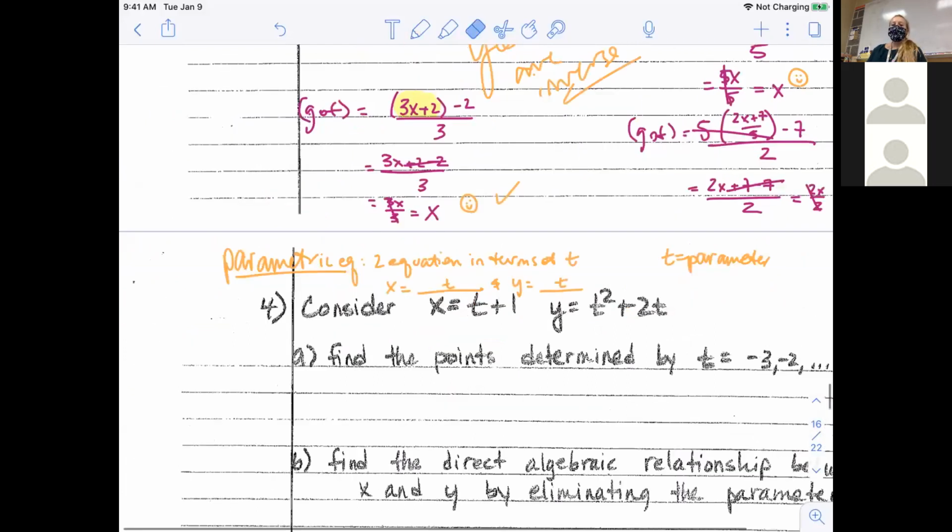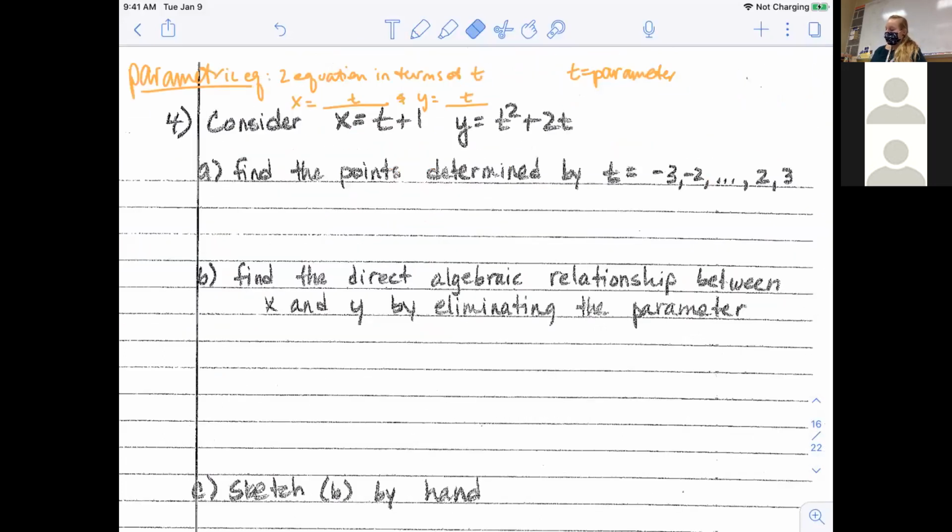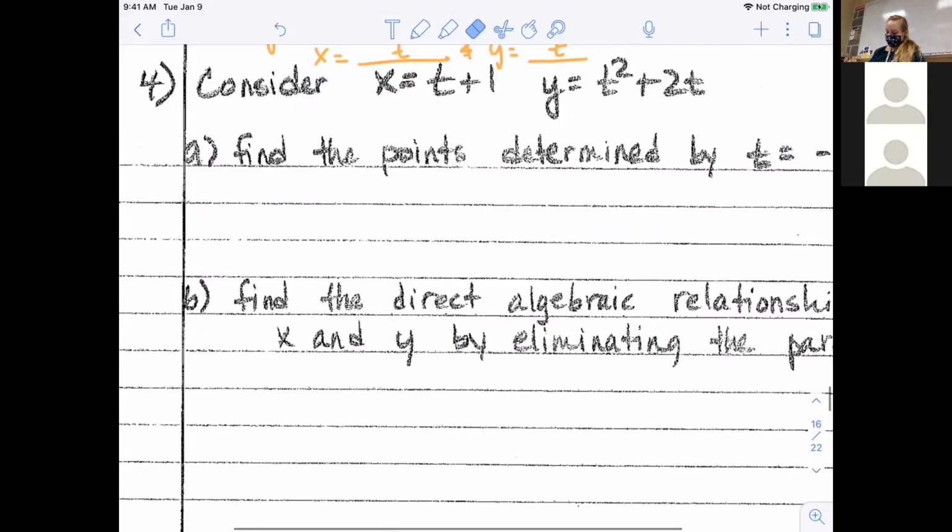And we're going to solve. I do not think this is something you've ever seen. So it's not difficult. So let's just take it piece by piece. The first one says, find the points determined by t equals -3, -2, -1, 0, 1, 2, 3. That means I need to find out x and y when t is -3, -2, -1, 0, 1, 2, 3. So we're going to make a little chart down here.